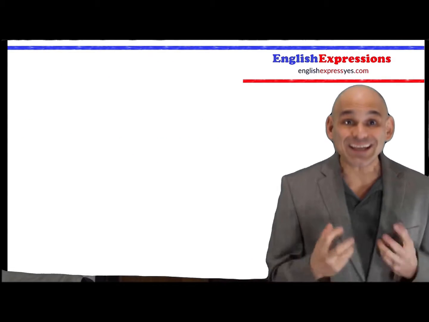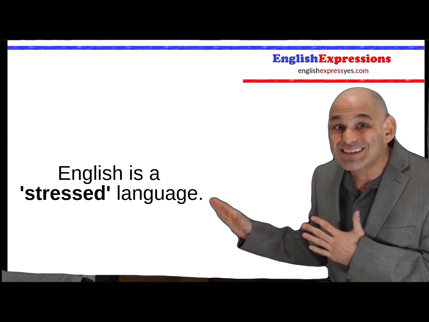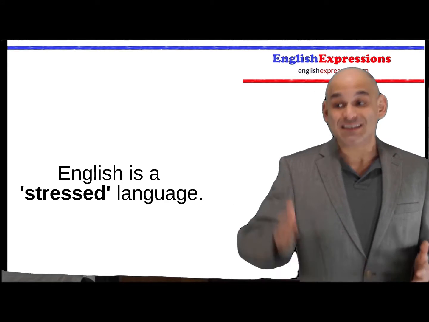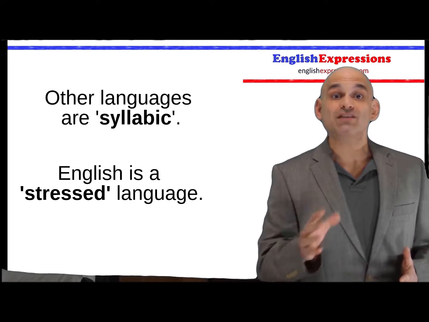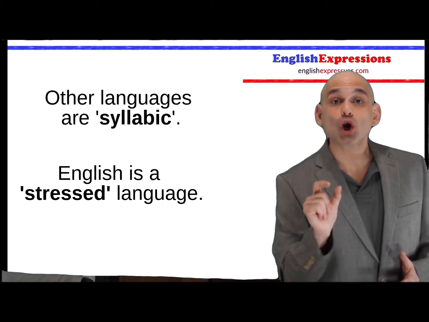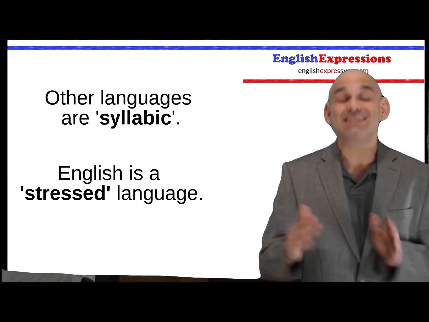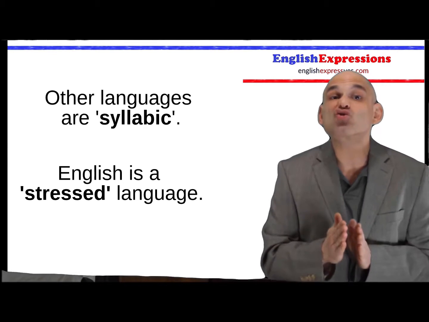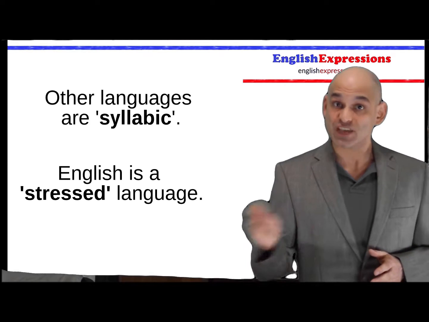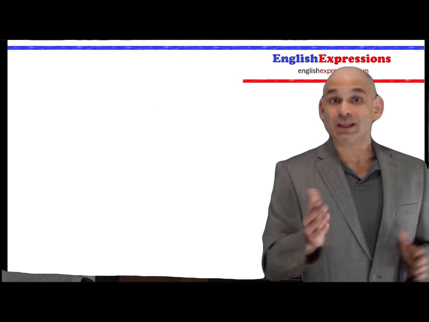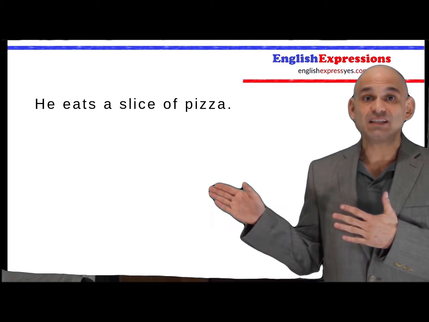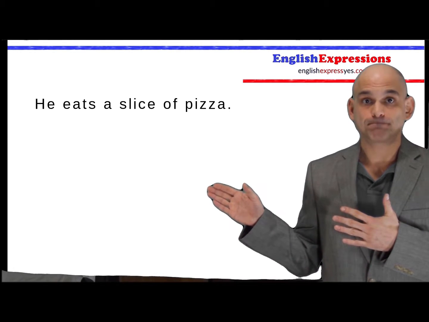Remember that English is a stressed language. Most other languages are syllabic, which means that each syllable of each word in each sentence has the same amount of stress, has the same amount of power, has the same amount of time that we say it. For example, in English, we could take a look at the sentence, he eats a slice of pizza.